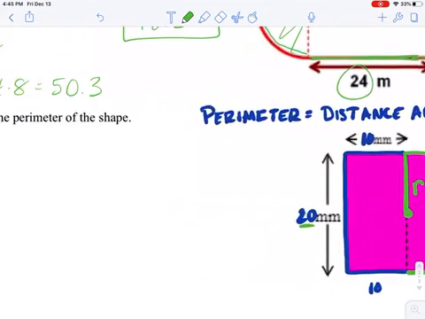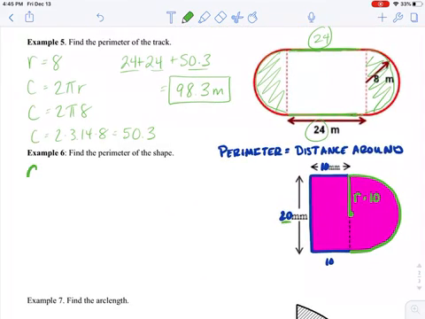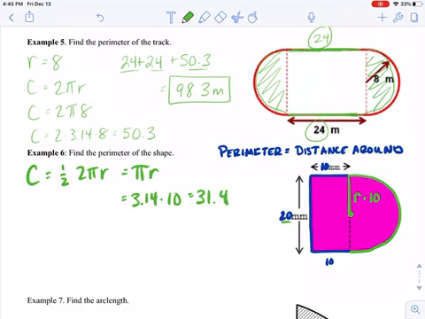So the circumference of the half circle is going to be half of 2 pi r. A whole circle would be 2 pi r. This is half a circle, so it's just half of 2 pi r, or pi r. And that would be 3.14 times 10, or 31.4.